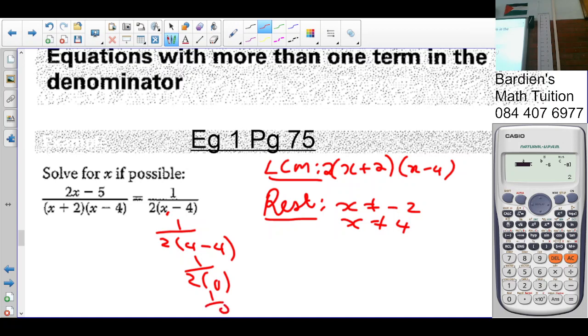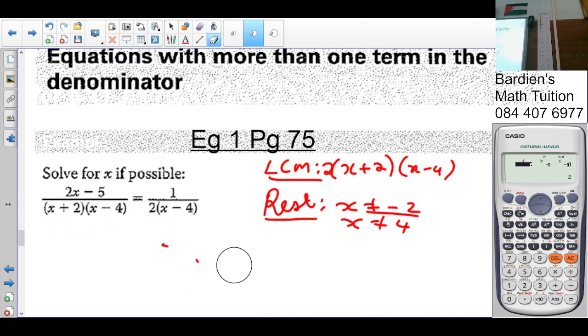But if you look here, x plus 2 is 0 when 2 plus what is 0? Negative 2. And that's where I get that negative 2. You guys understand for now? So my LCM is 2 into x plus 2 into x minus 4. My restriction is x can never be equal to minus 2 and x can never be equal to 4.